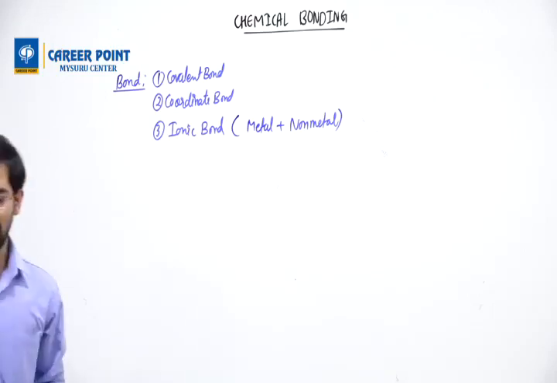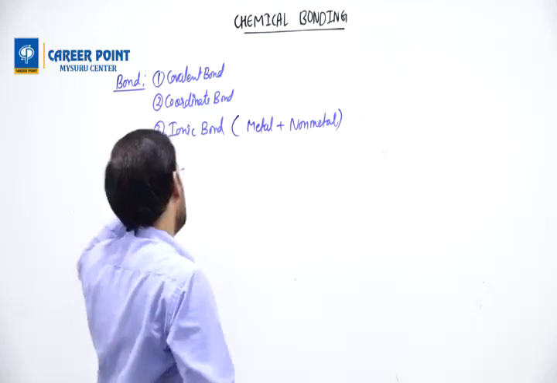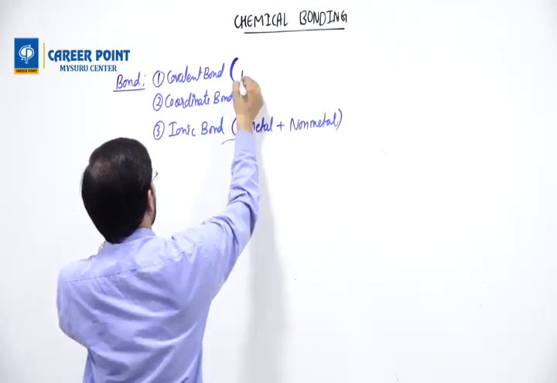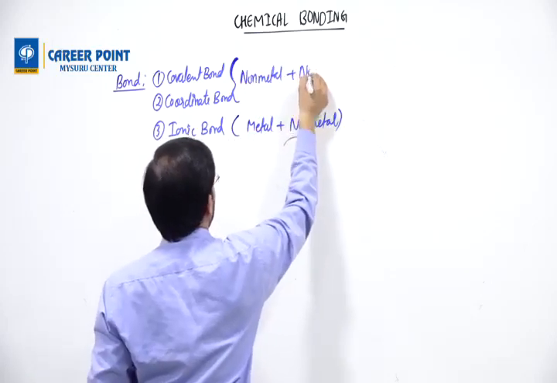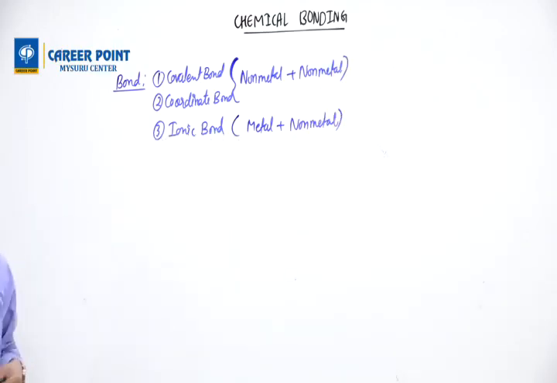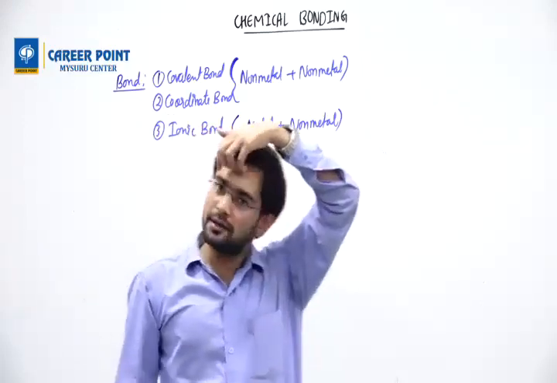You can find an ionic bond in all those cases where there is one metal and one non-metal. Covalent and coordinate bonds are both present between non-metal and non-metal. Understand?